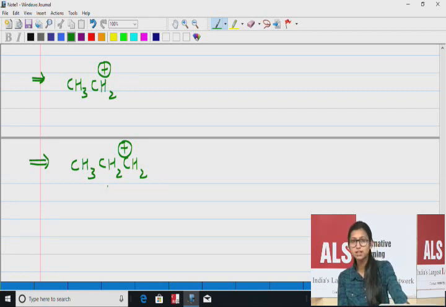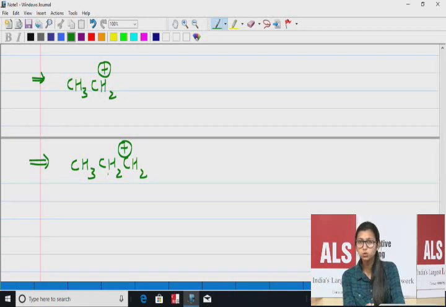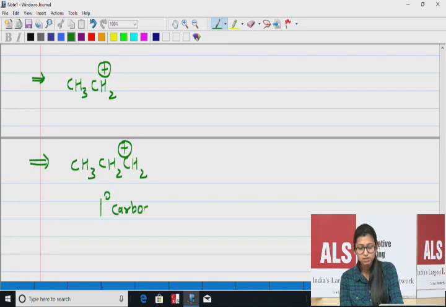Just try to understand this carbocation, and whatever your confusion is, write it down. Let's say this is the system given to me. This is a 1 degree carbocation, you understand that? Because this positive charge carbon is attached with only 1 carbon.